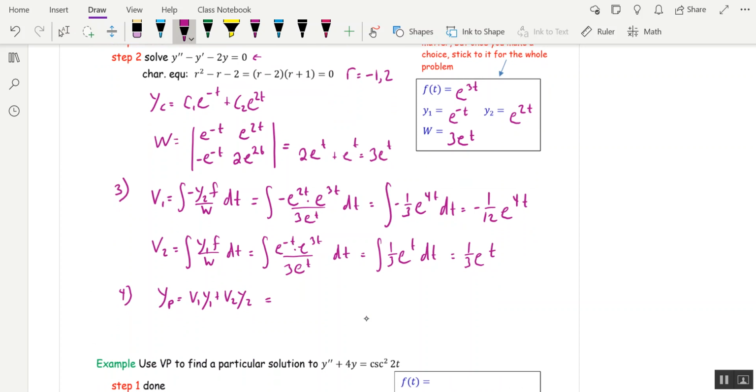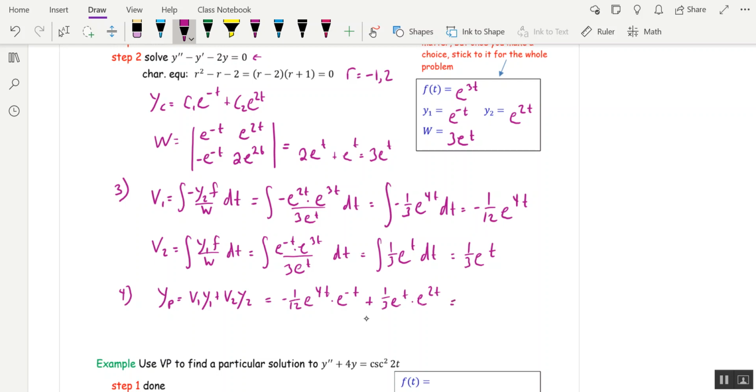So v1 y1, this is negative 1/12 e to the 4t, and my y1 is e to the negative t, plus v2 y2, 1/3 e to the t and e to the 2t.